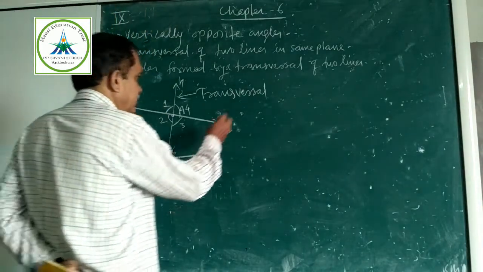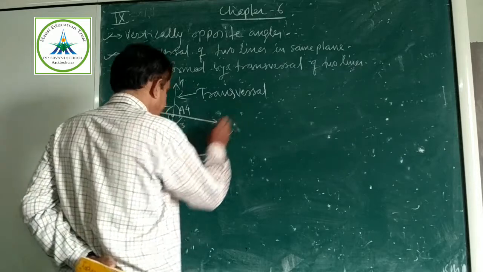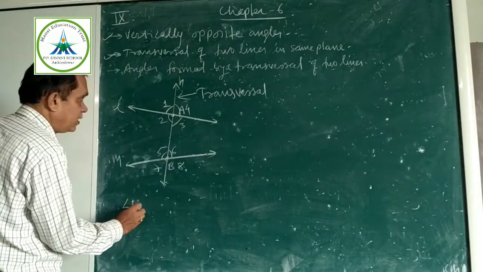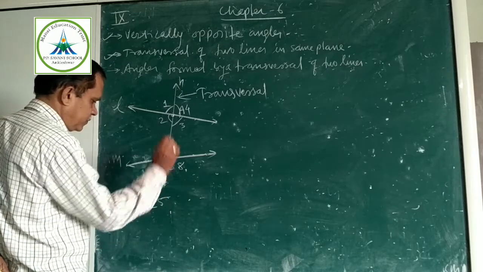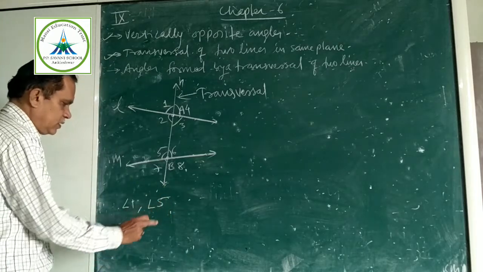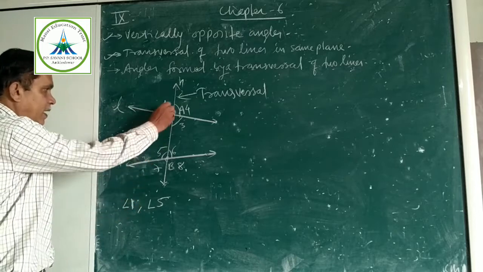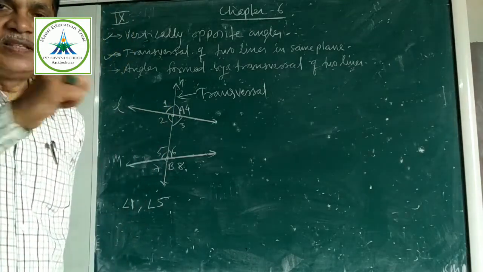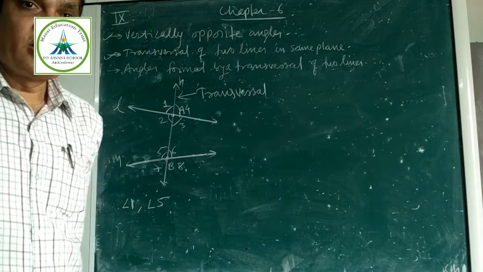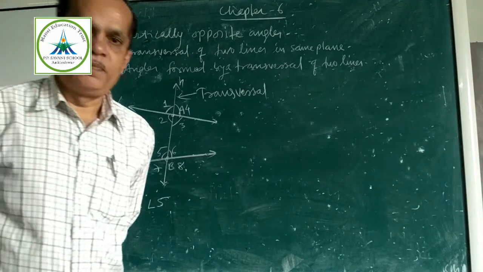Okay, I am writing angle 1 and angle 5. Yes, I wrote angle 1 and angle 5. Yes, friends, tell me very similar pairs of angles from the diagram yourself.